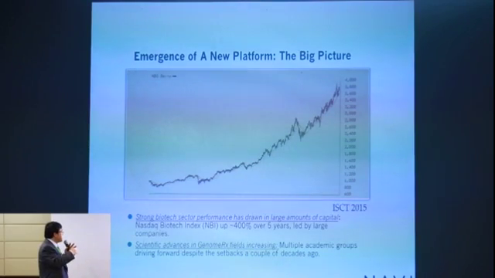From the perspective of the investor, from the figure we can find that the Nasdaq Biotech Index grew 400% over 5 years, driven by some large companies.